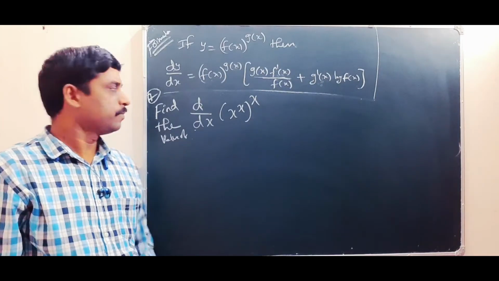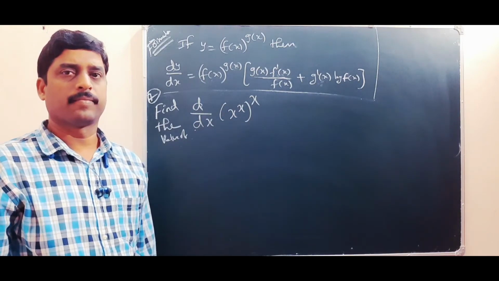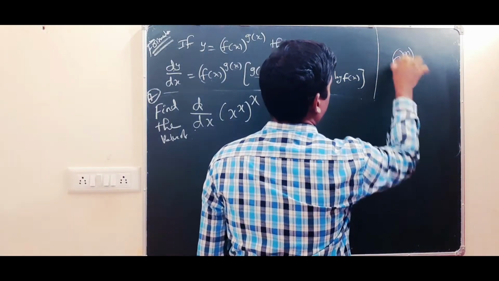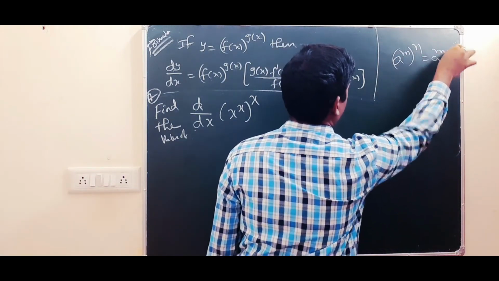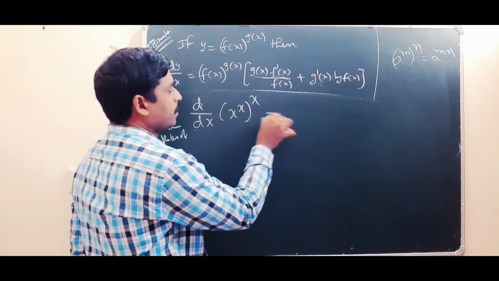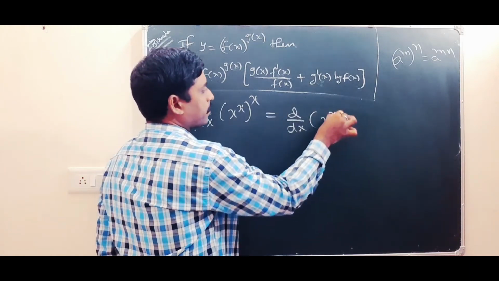Let us go to the next problem. Find the value of d by dx of x to the power x power x. Okay, we have one formula: a to the power m whole power n is equal to a to the power mn. x to the power x whole power x will be d by dx of x to the power x square.